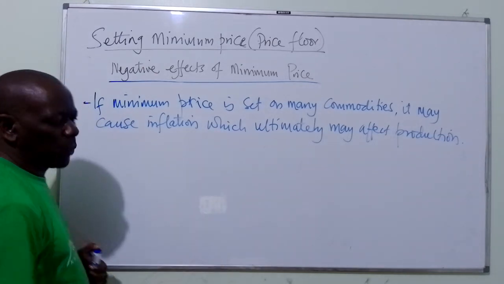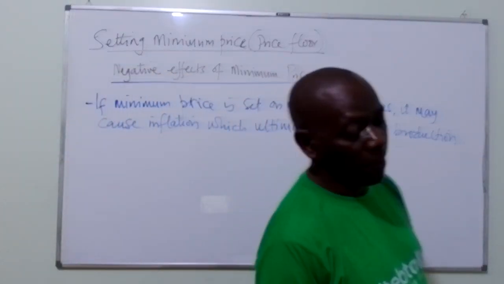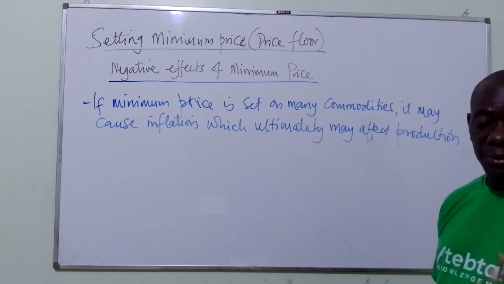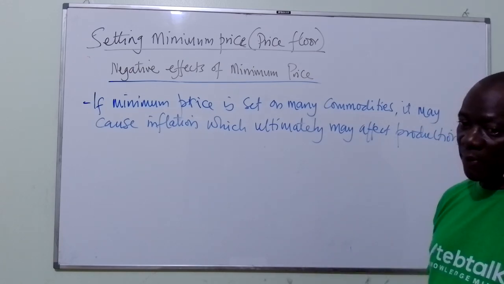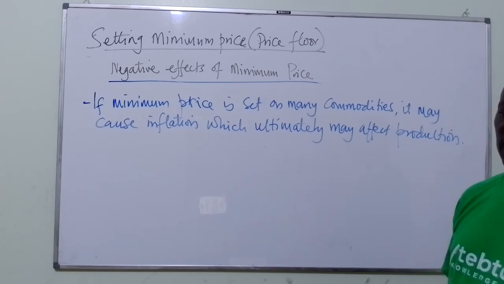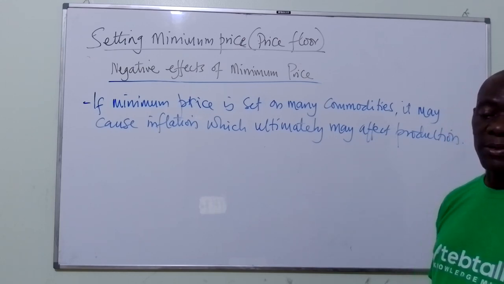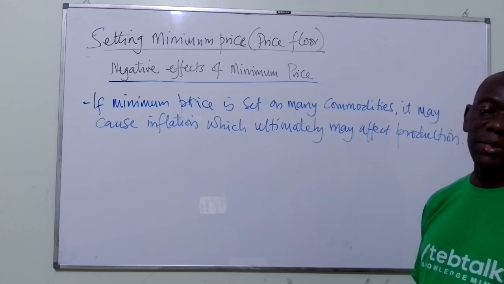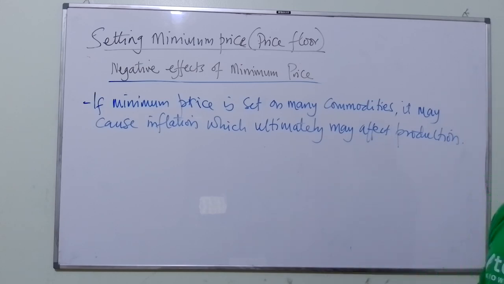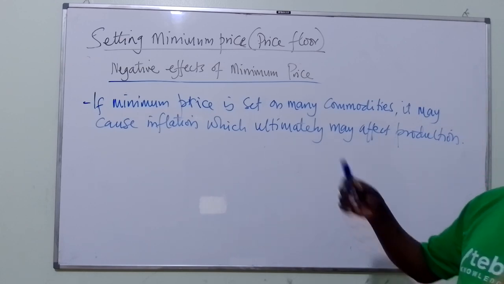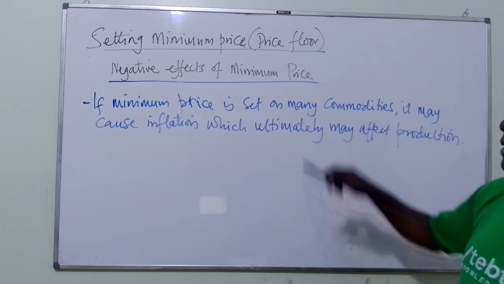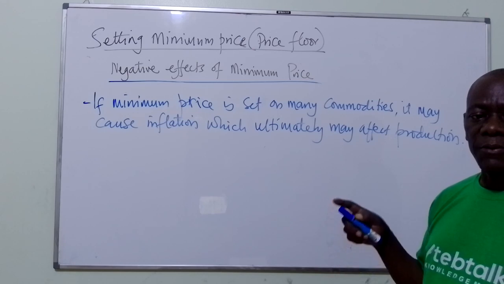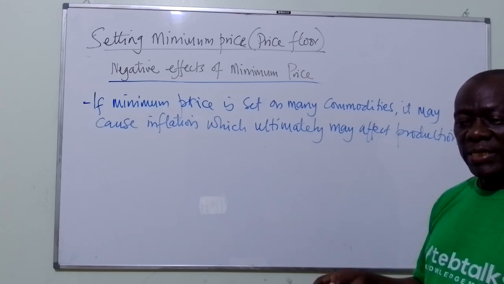And what you as a student have to know when you are looking at this is what minimum price is and what maximum price means. But before you get to that, you have to have it in mind that it is only government that sets the minimum and the maximum price. The private individuals don't. Possibly what they do is what we looked at under price determination: resale price maintenance, prefixing of prices for their commodities, or leaving it to the forces of demand and supply. And minimum and maximum prices come in when the economy is not a free market economy, when it is a mixed economy.